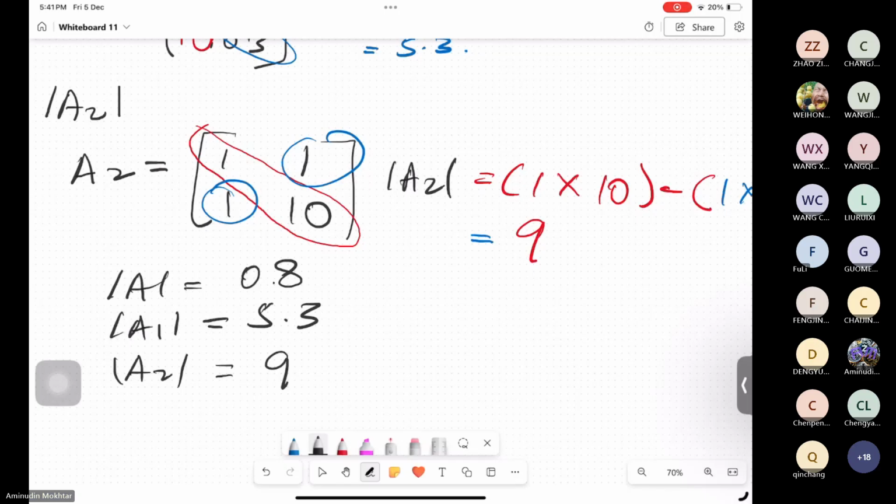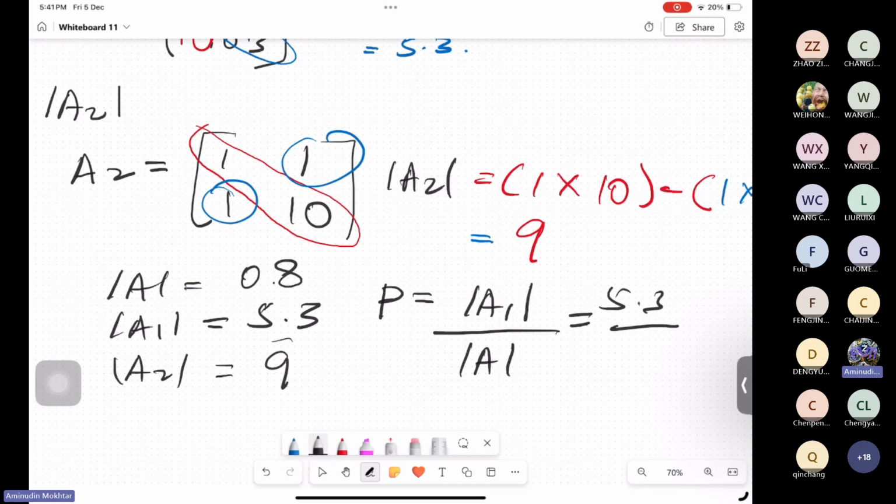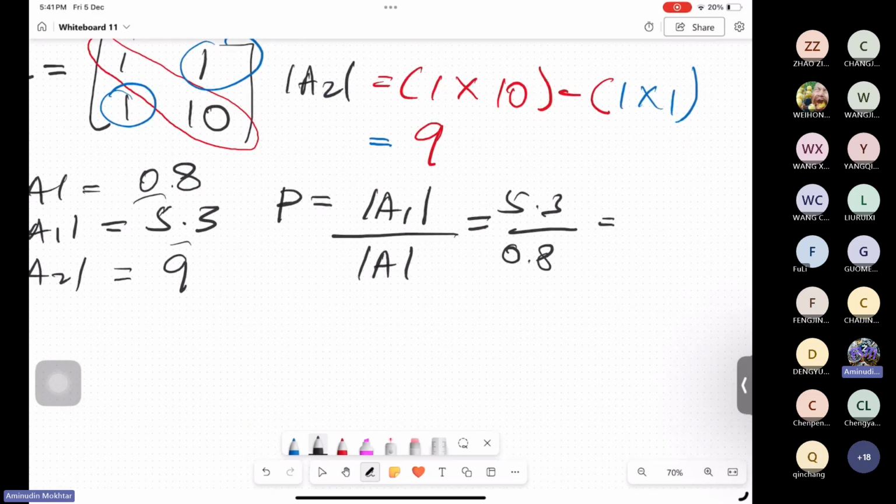After we get these numbers, we can find P. Since P is the first variable, P equals determinant of A1 divided by determinant of A, which is 5.3 divided by 0.8. So the value of P is 6.625.